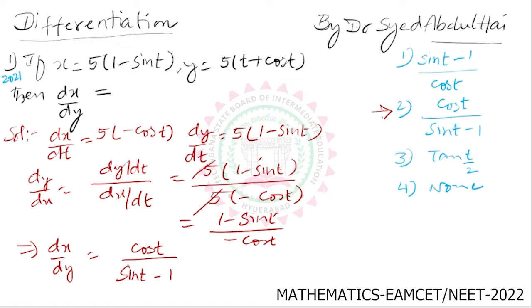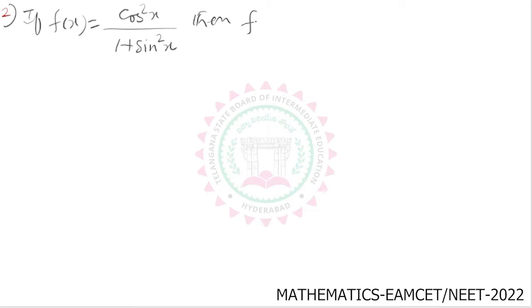Okay. Now come to the next question. If f(x) is equal to cos square x divided by (1 plus sin square x), then find the value of f(pi by 4) minus 3 f dash (pi by 4) is equal to.